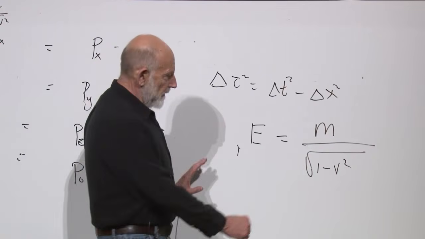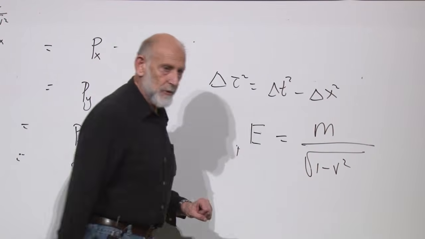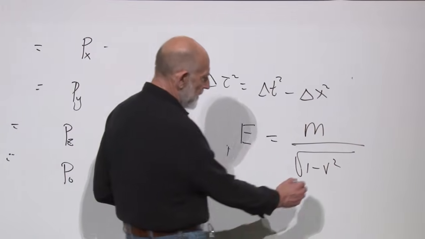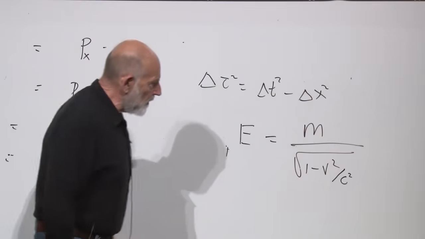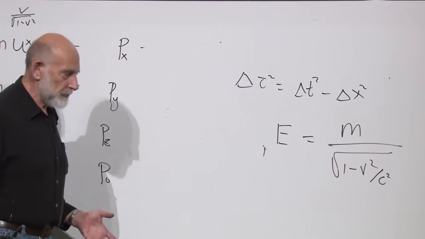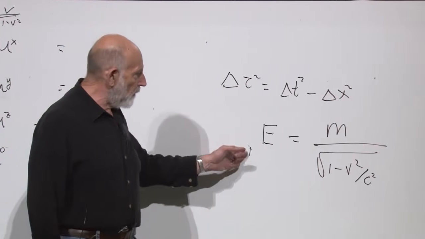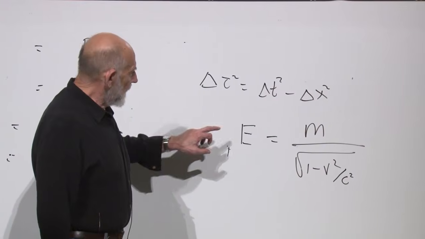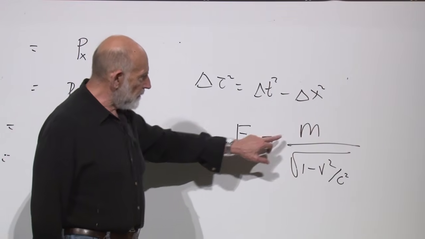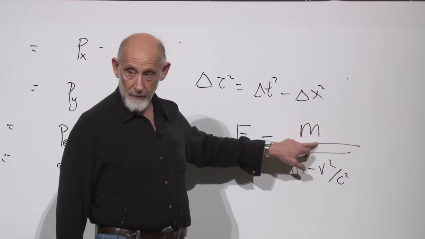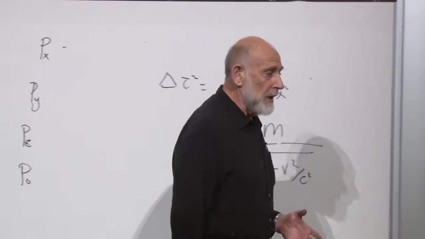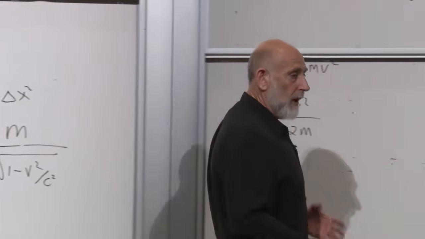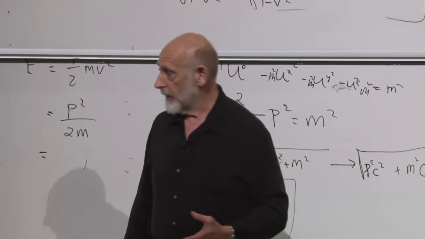The only way to make v squared have the same units as 1 is to divide by c squared. Now 1 minus v squared over c squared is dimensionally consistent. However, the whole formula is not. The left-hand side is energy. The right-hand side now has units of a mass. Mass and energy don't quite have the same units.